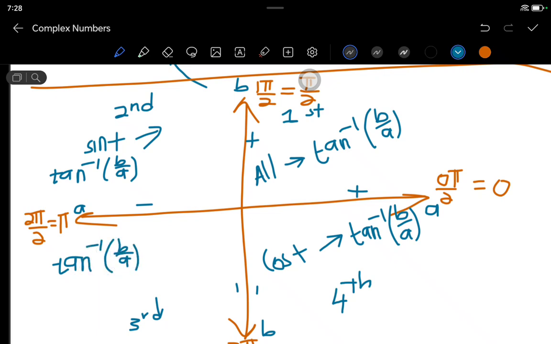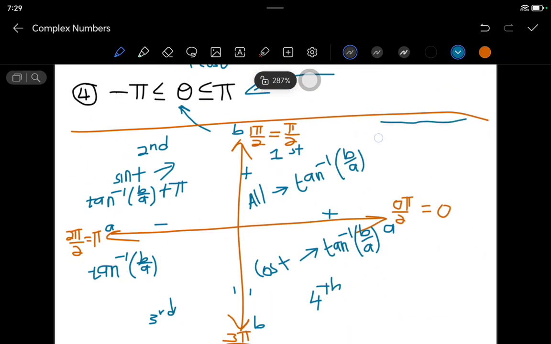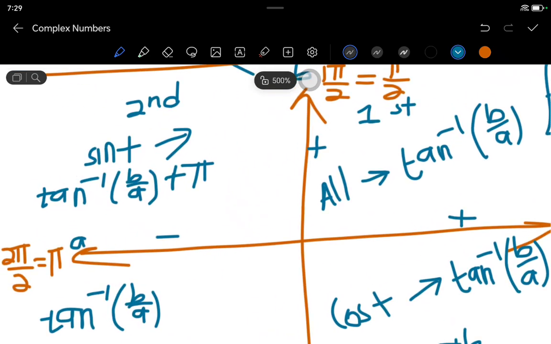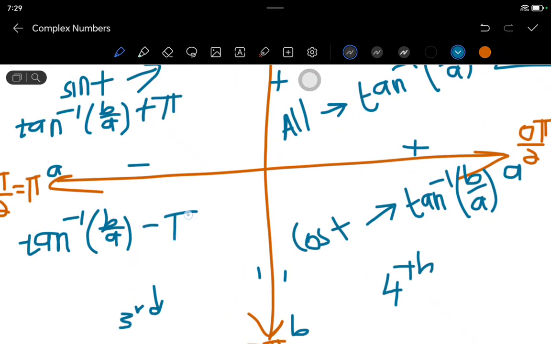In the second quadrant, we are going to add pi, as long as the restriction for our angle is between negative pi and pi. But if it was between 0 and 2 pi, here we would subtract pi, and here we would add it. But since this one includes the negative parts, we're just going to keep it like this.